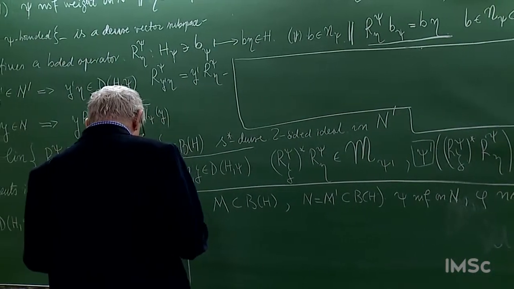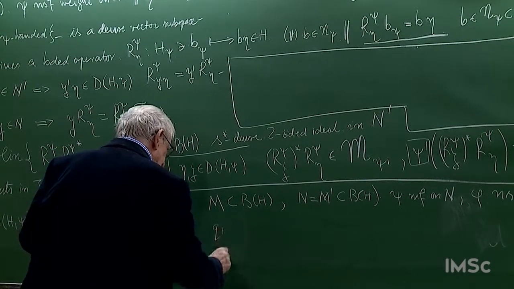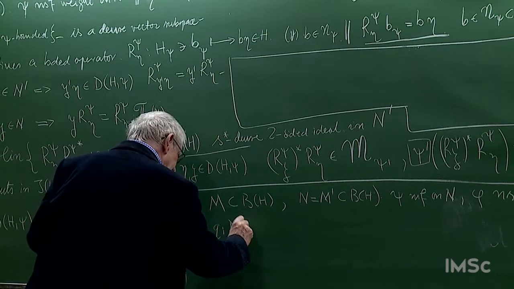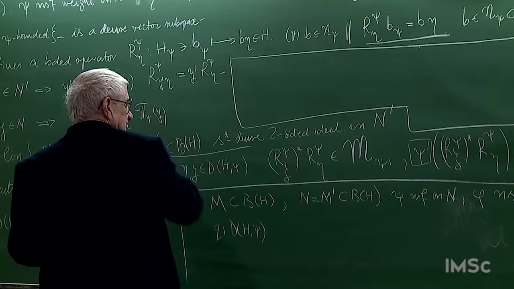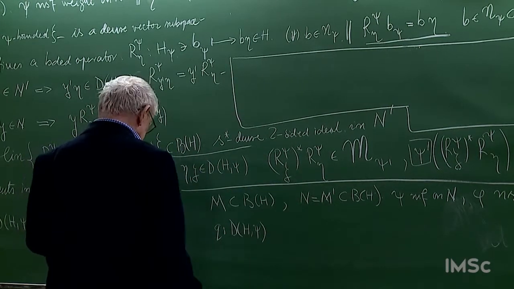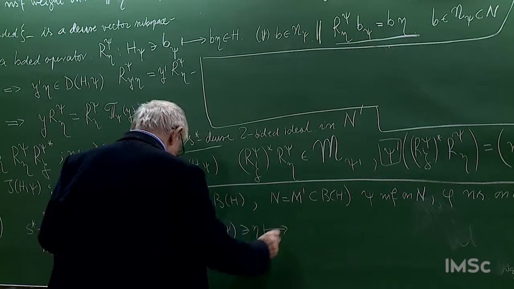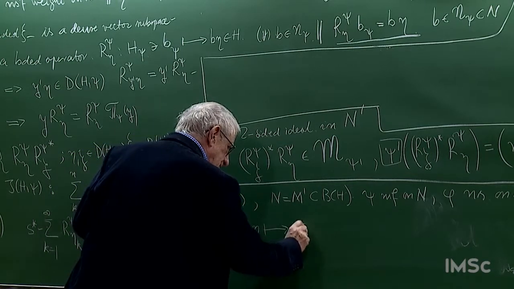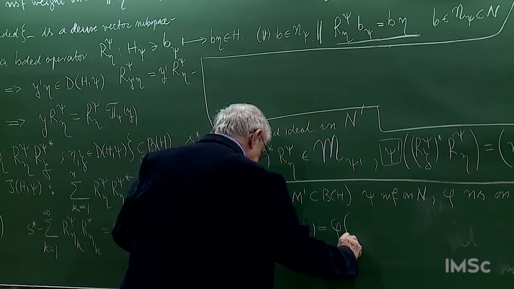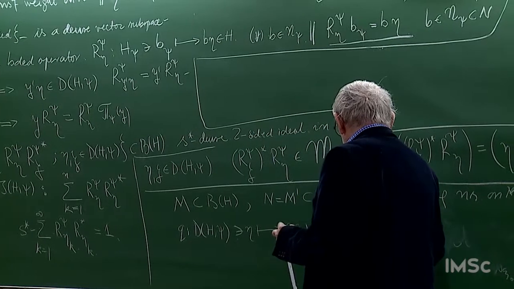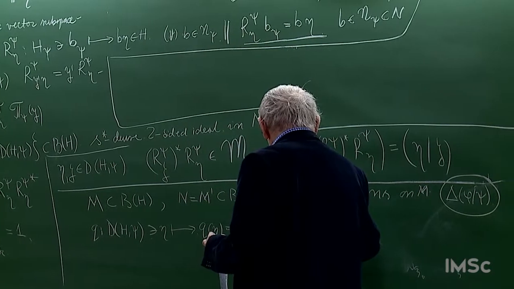And what we do is the following thing. We look at the function Q, which is defined on D(H, psi) as above for this N, which is the commutant of M, taking an eta and going with this eta to Q of eta, which is equal to phi of r eta psi times r eta psi star.